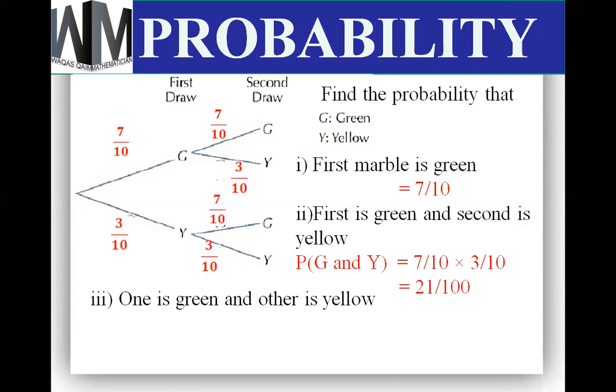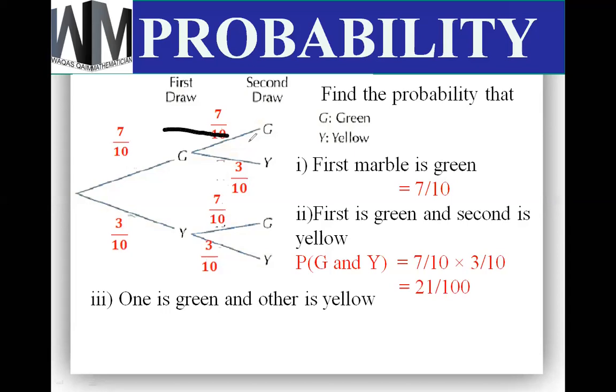But in part 3 they did not specify the order, so either first could be a green and second will be a yellow, or first will be a yellow and second will be a green.